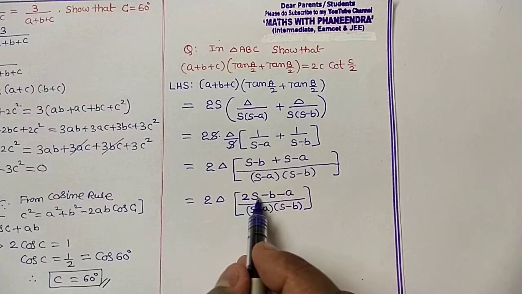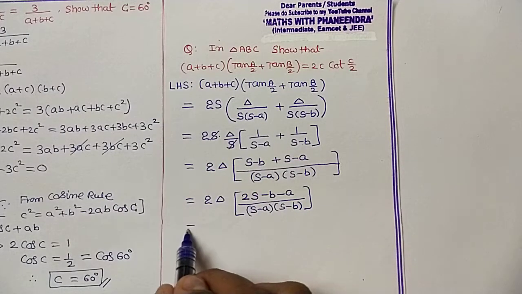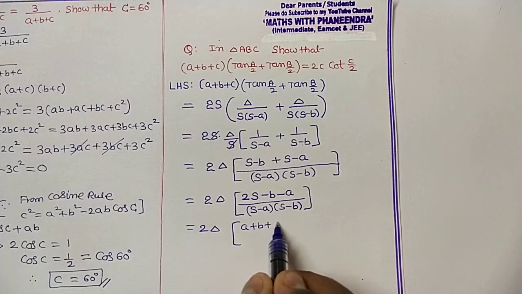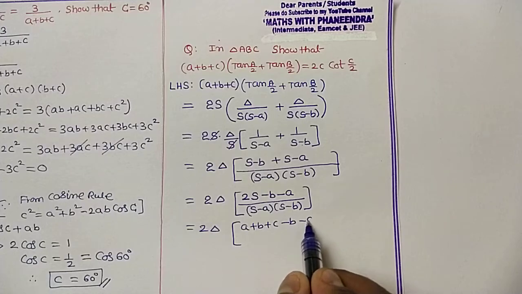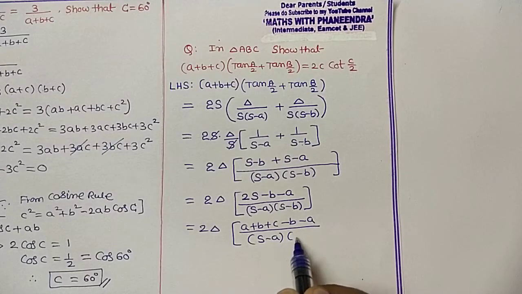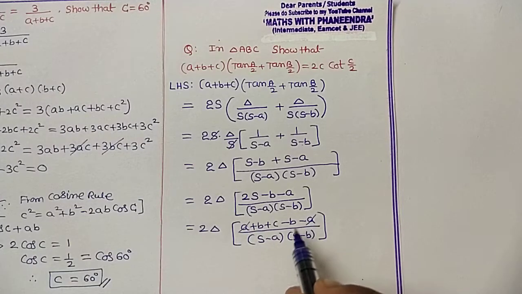We know that 2s means again what? a plus b plus c only, no? We can substitute here. 2 delta into a plus b plus c minus b minus a divided by s minus a into s minus b. So plus a minus a gets cancelled, plus b minus b gets cancelled.